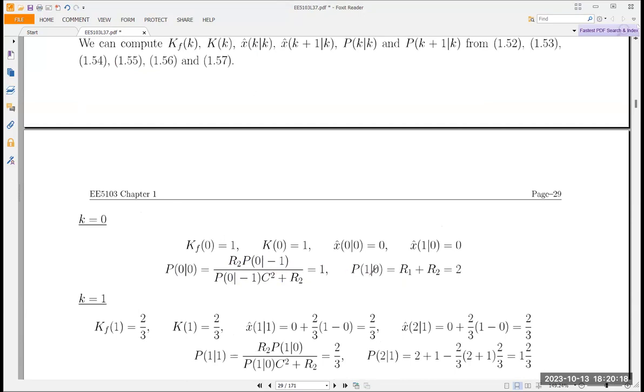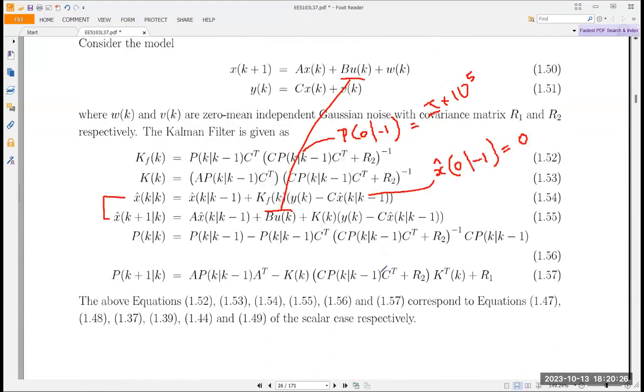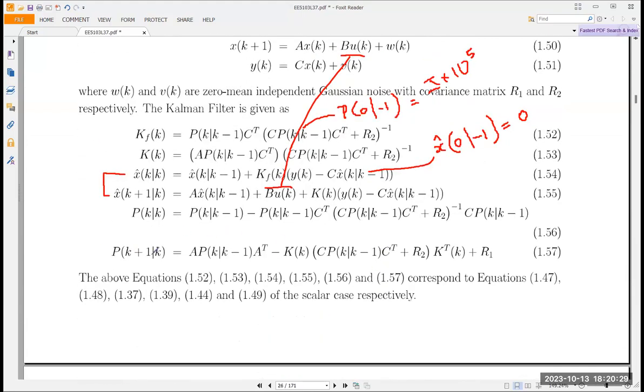Then P10. Now this is a little bit tricky. You will have to also do the algebra. P10, you go to here. P10 will be this one.